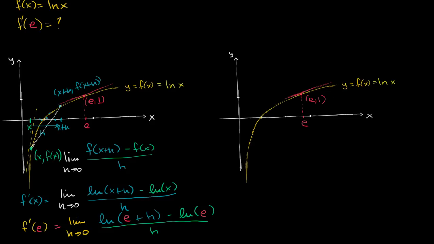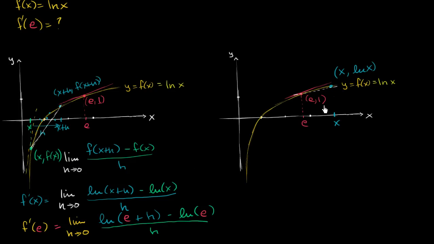So what they say is, let's imagine some other x value here. This right over here is the point (x, f of x), or we could even say (x, natural log of x). What is the slope of the secant line between those two points?